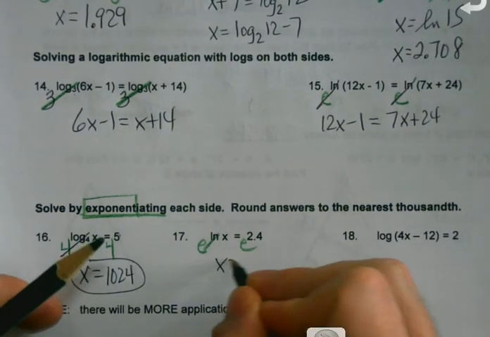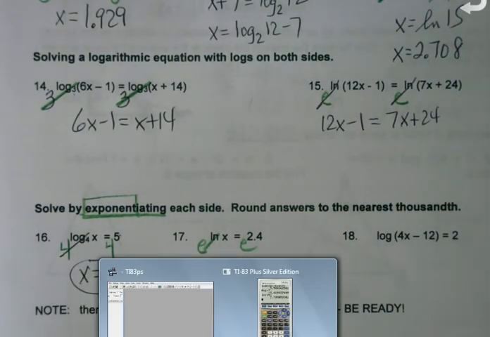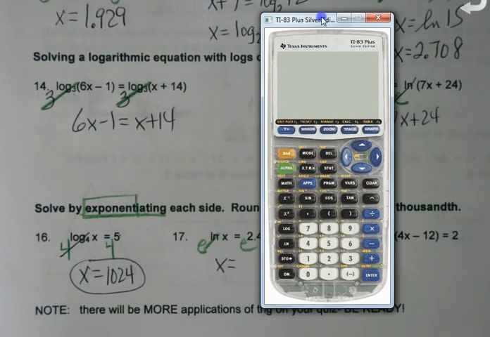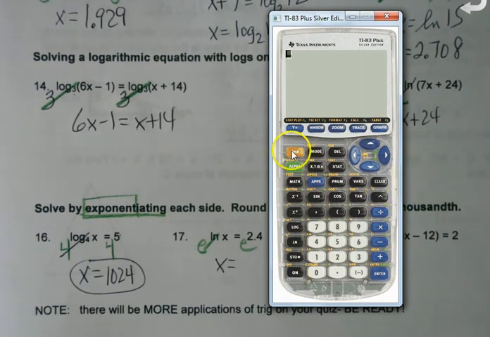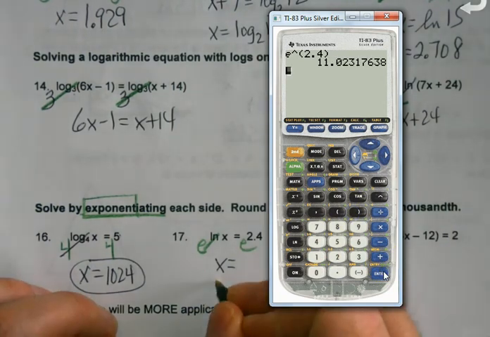Well, that's e. And again, the nice thing with e is e exponentiates itself without you doing anything. So when I go to punch this in, e is second in natural log. See, it turns into an exponent already. So even if you forget, it's impossible to forget because the calculator's going to do it for you. Nice.